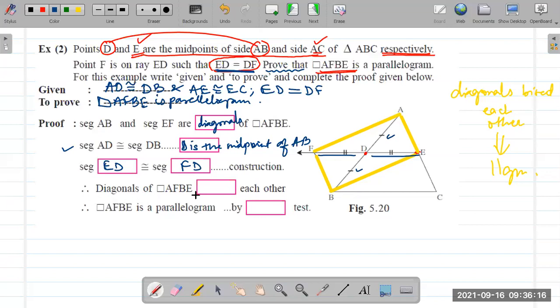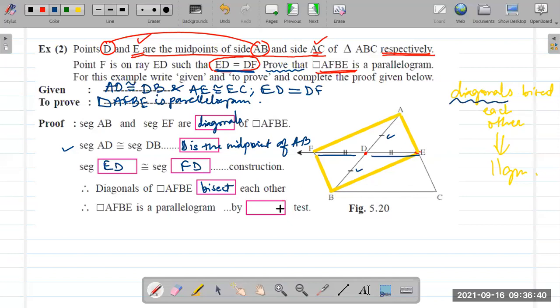Therefore, what can we say? The diagonals, they bisect each other. Since the diagonals bisect each other, we can say that the quadrilateral is a parallelogram by which test? This is by the diagonals property, right? By the diagonals test.